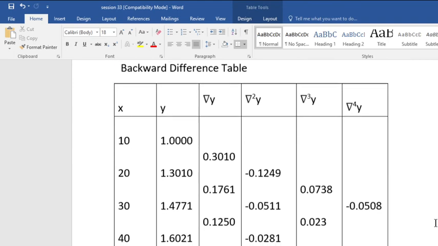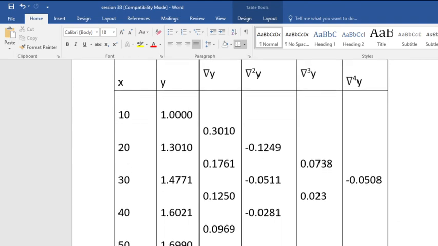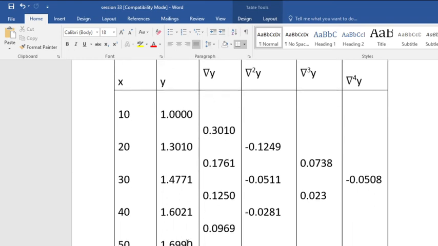First write the backward difference table. In the first column we write the x values, and in the second column the y values corresponding to x.